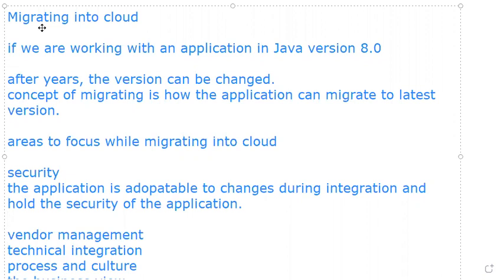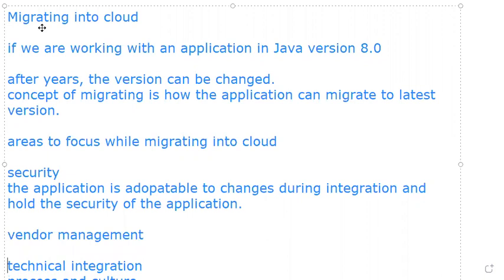And the next one, vendor management. Here we are already aware that there are different vendors providing different securities or services in the cloud. Vendor management is nothing but, for example, I have used one vendor, taken the support of the vendor and developed one application.